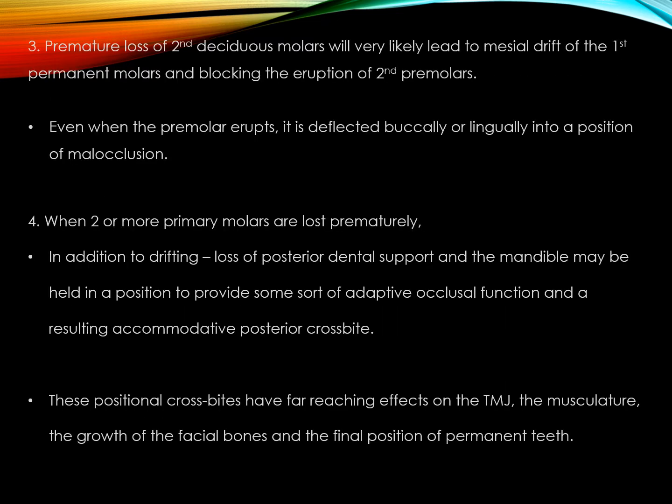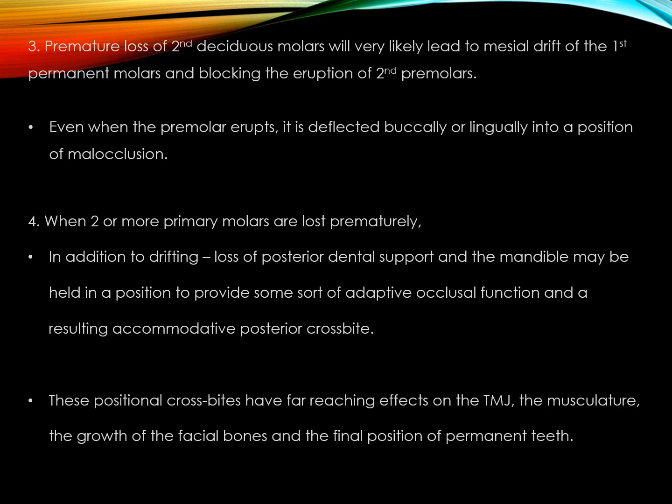So what happens when there is loss of two deciduous molars? This can cause mesial drift of the first permanent molars and blocking of the eruption of the second premolars. When the premolar is attempting to erupt, it can be deflected either buccally or lingually into a position of malocclusion.